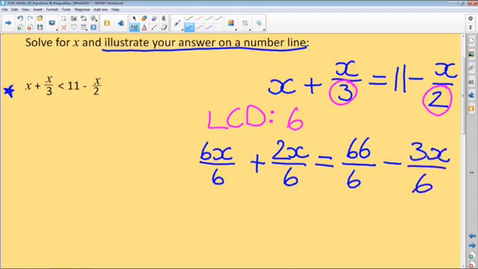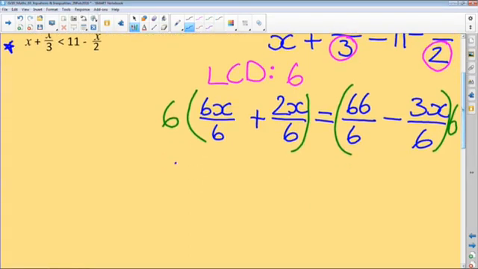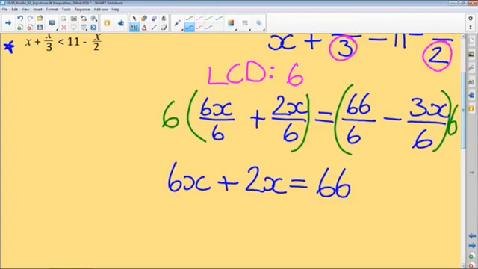Okay, now you'll remember from the previous example, because all of our denominators are the same, we can drop them. And the way we drop them is we're actually just multiplying both sides of the equation by the denominator. And this gives us 6x plus 2x equals 66 minus 3x.